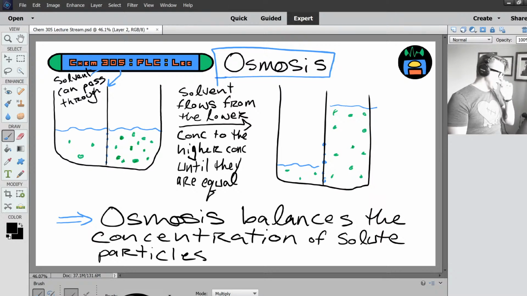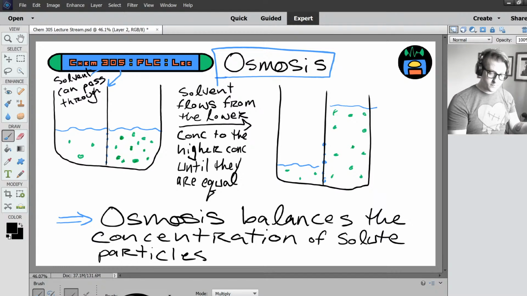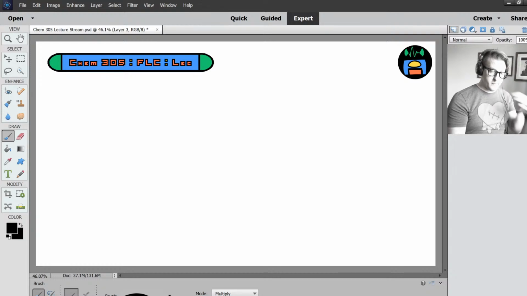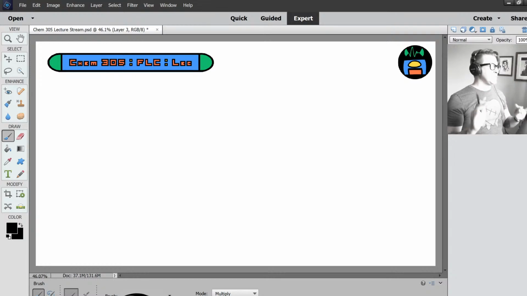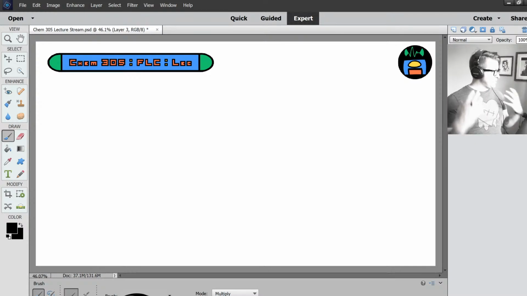All right, that's what it does. It's there to ensure that the same number of particles are on both sides of the equation. All right. Now, it doesn't necessarily mean that the molarities will be the same, but the moles of particles will be the same.